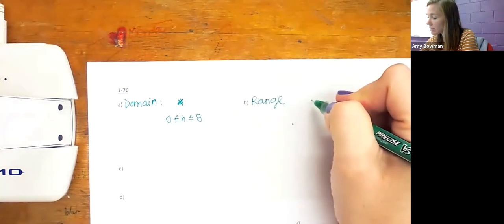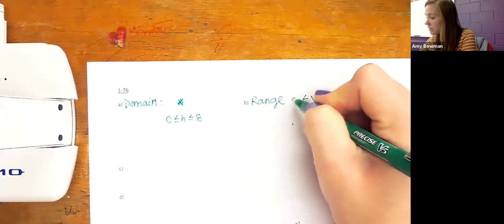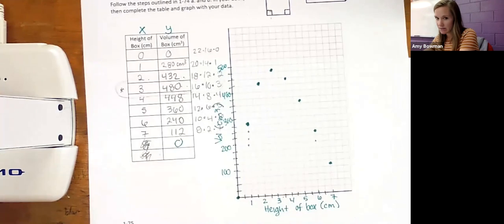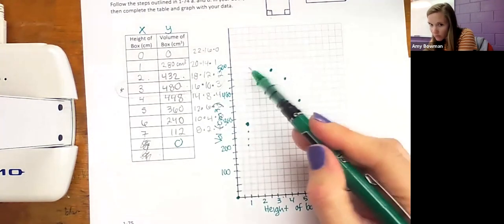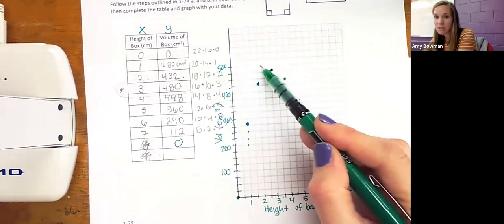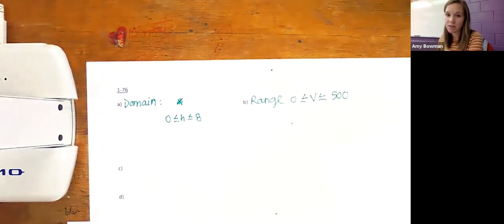So let's say our volume would have to be at least 0. And it looks like it definitely doesn't get over 500. We're not sure if this is the actual highest point or not. Just to be safe, we'll just say it's definitely less than 500.